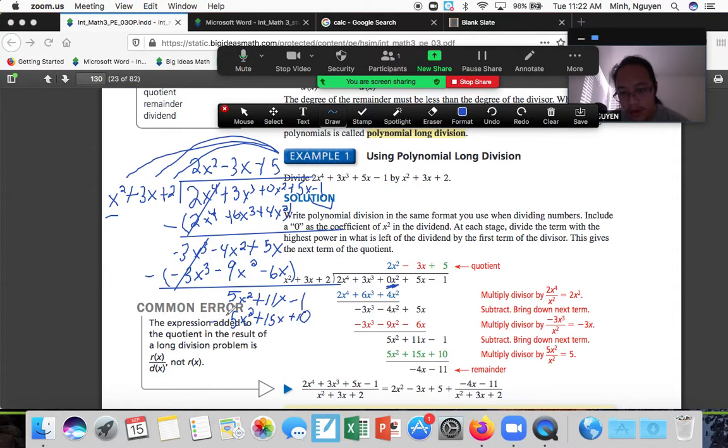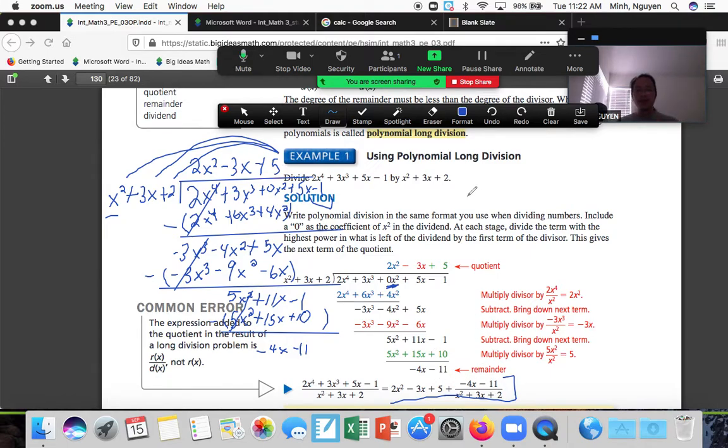Then we subtract: 5x squared minus 5x squared, 11x minus 15x, and negative 1 minus 10. This is your remainder. Here's what that looks like: 2x squared minus 3x plus 5 plus the remainder.